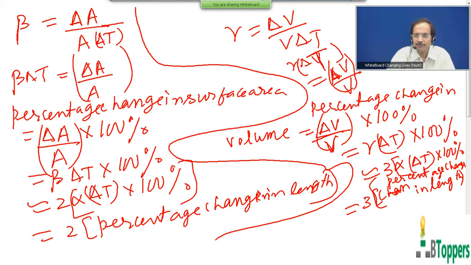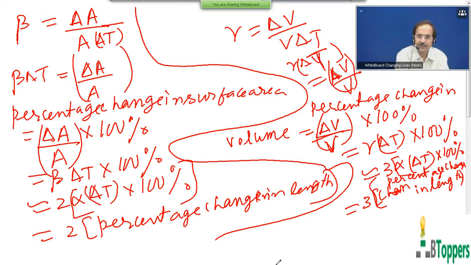These conclusions are applicable even for solids of different shapes. For example, if a uniform solid sphere is heated uniformly, then the percentage change in the volume of the solid can be taken as 3 times the percentage change in the linear dimension, that is, the diameter of the solid sphere.